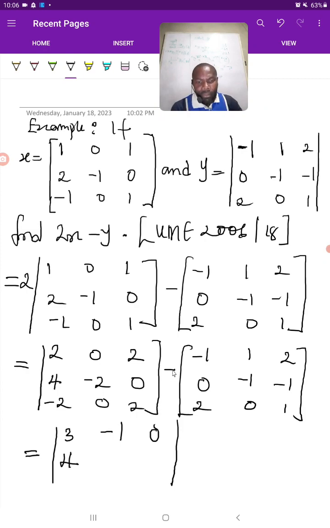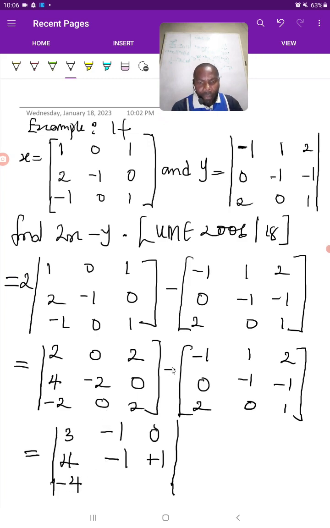Minus 2 minus minus 1: minus times minus gives you plus, so that gives you minus 1. 0 minus 1 is minus 1. Then the last row: minus 2 minus 2, that is minus 4.